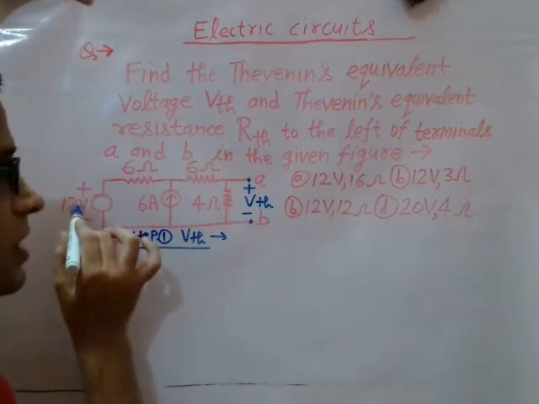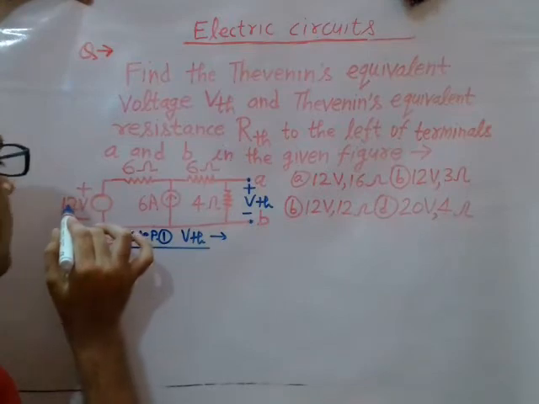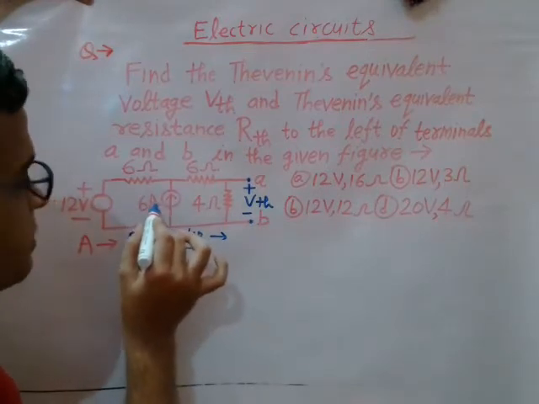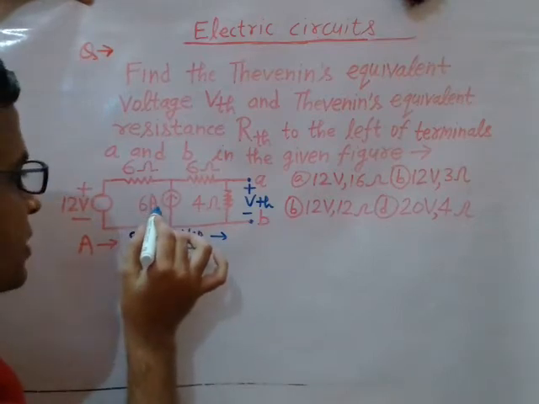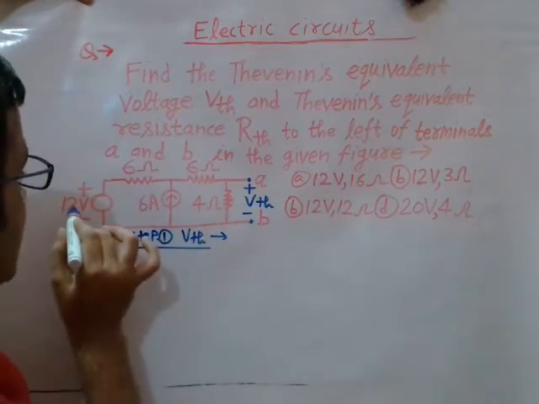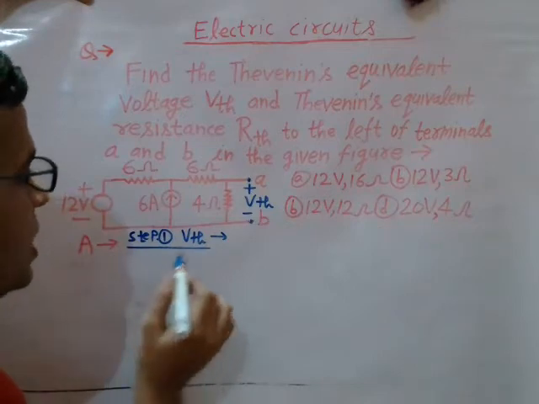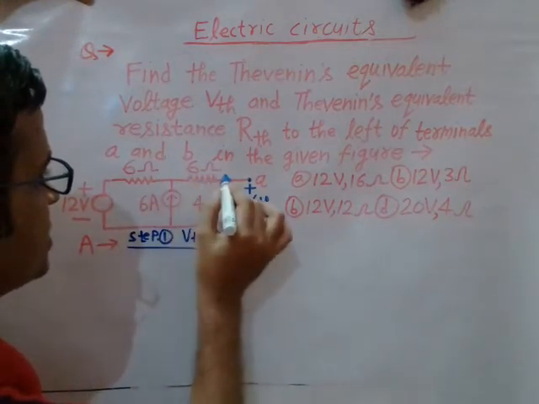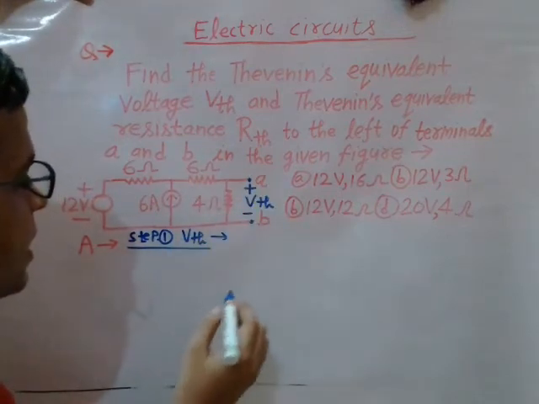It has a fixed value, and similarly the 6 ampere current source has a fixed value. This is a 6 ohm resistance and this is a 4 ohm resistance.